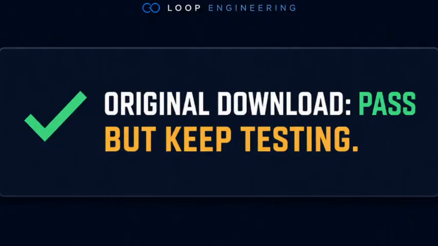Then you test the download button again. This time it works. So the download button is now working. Okay, so that's a good thing. We've got the immediate problem that we had fixed. That's a good thing, yeah?